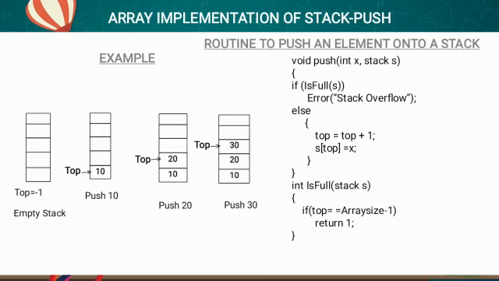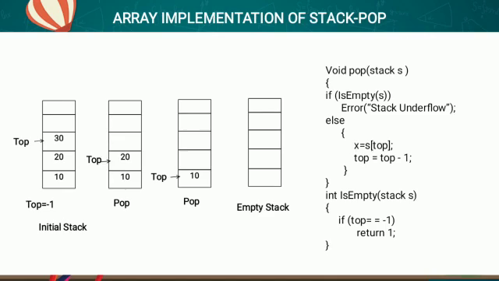If top of the stack is equal to array size -1, that means the stack is full. If the stack is already full, the insertion is not possible. But if the stack is not full, we insert a new element in two steps. First, we increment the top pointer by 1 and then insert the new element x at the top of the stack. That's all for the push operation.